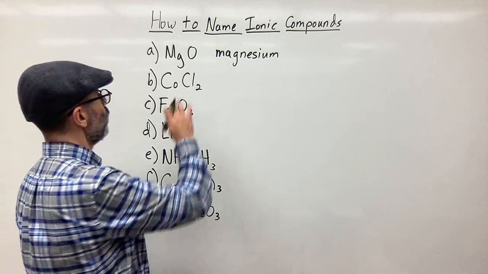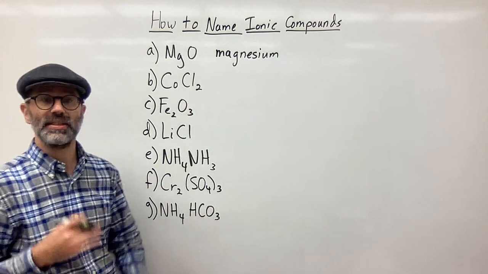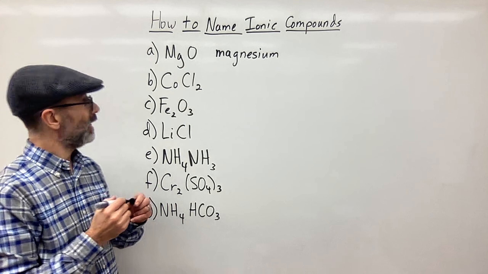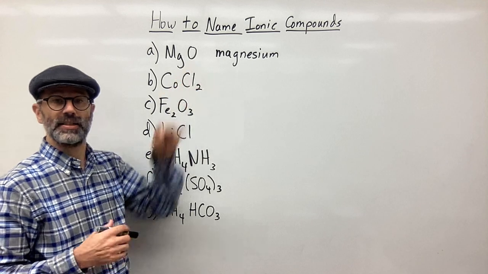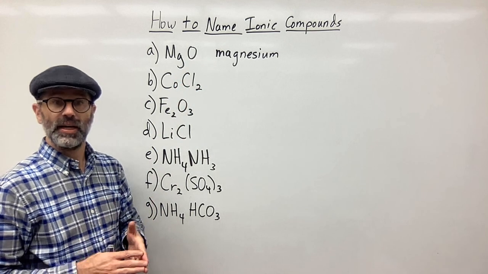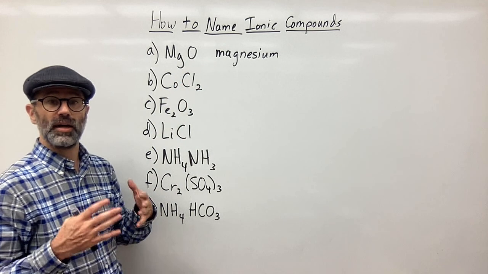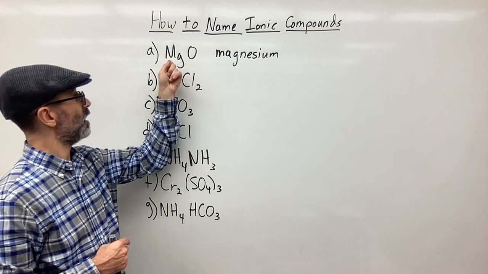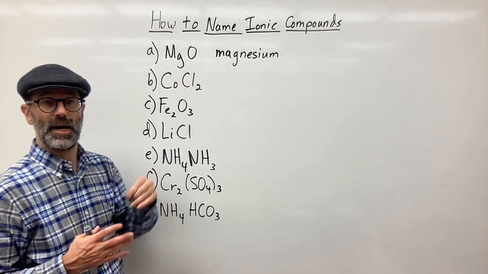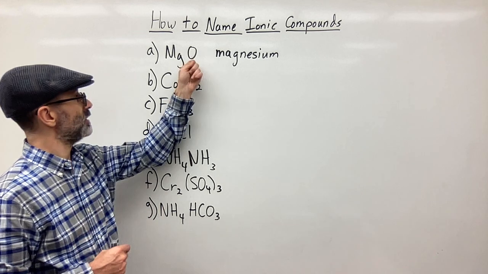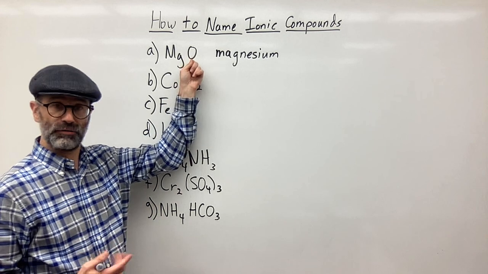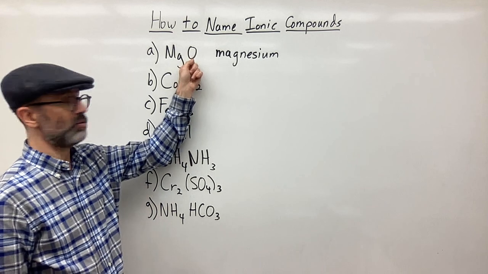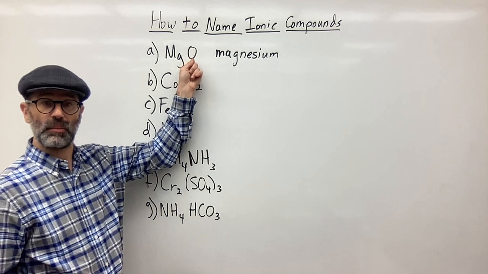And then what is the second name? What is the name of the second ion? Well, it's a monatomic ion. It's oxygen. It's a non-metal, right? So we know because of the fact that ionic compounds are neutral, the second ion has to be negative. So how do we name this one?